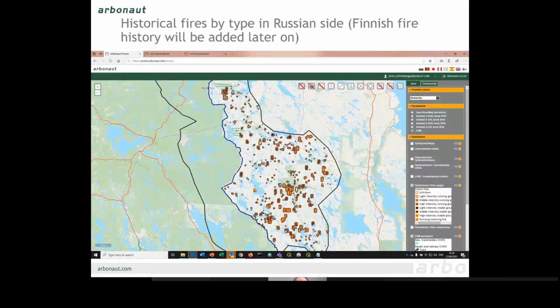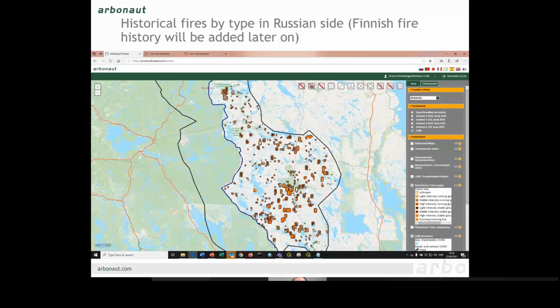Well, this is the historical fires by type on the Russian side. Unfortunately, I don't yet have the Finnish fire history data. We will be getting it later on, but I think this gives an idea of how the historical fires can also be added to the data. The historical fires are categorized here by type and intensity.